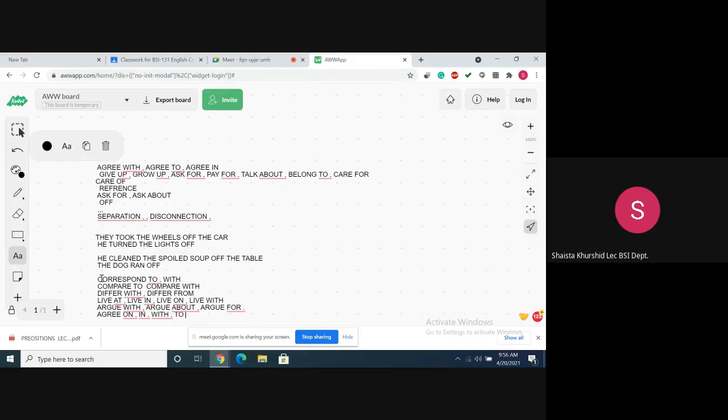Okay, when we compare with something it means that we want to see the differences between the two things. Sometimes the similarities भी देखते हैं, but with के साथ हम कभी भी अगर हम किसी चीज को compare करते हैं ना with something, ठीक है, so actually we are looking for both the differences and similarities, but the differences are dominant with.